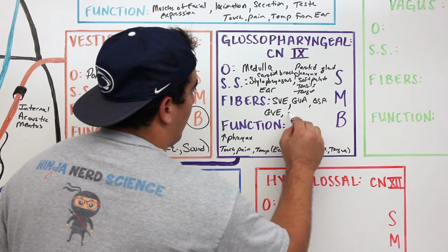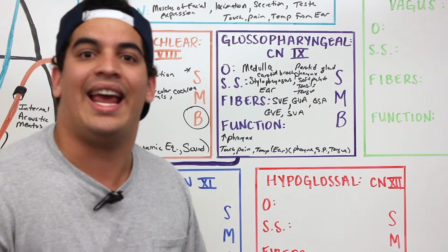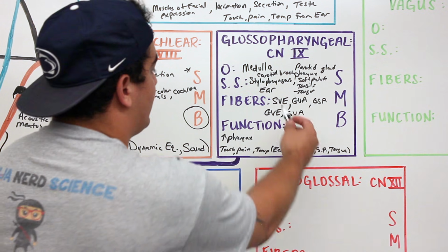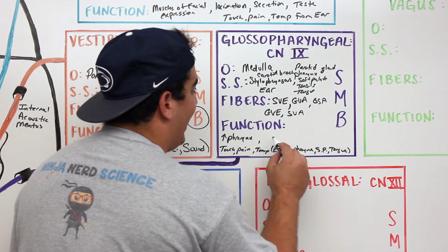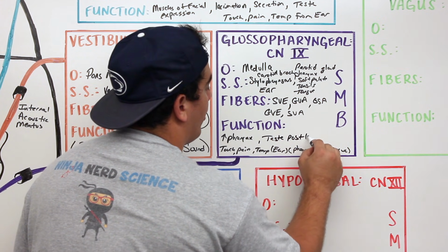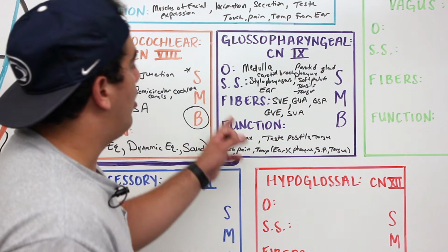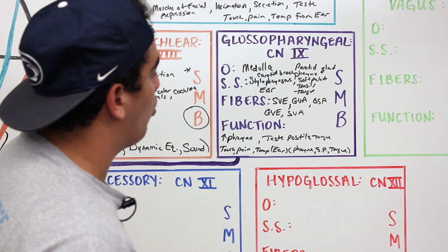Ooh, forgot another one. Special visceral afferent. Special visceral afferent are basically taste fibers. So because it also supplies the tongue, it also picks up taste from the posterior 1/3 of the tongue. And if you remember, it also picks up information from the carotid branches.